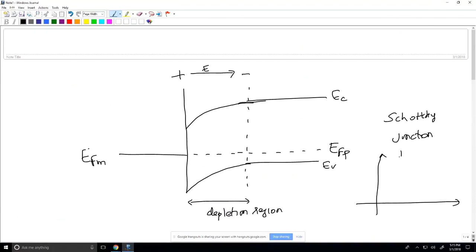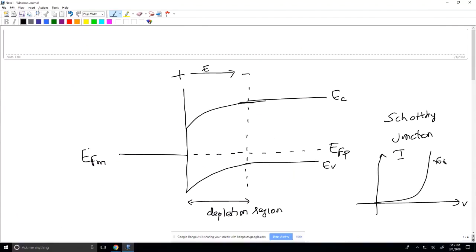You have an exponentially increasing current in forward bias, while you have a really small current in reverse bias. Schottky junctions are important because we can use them to form devices which will only conduct in one direction but not the other. So let me now look at some of the questions, and then I'll try and answer some of them.